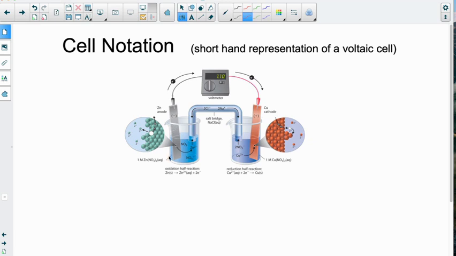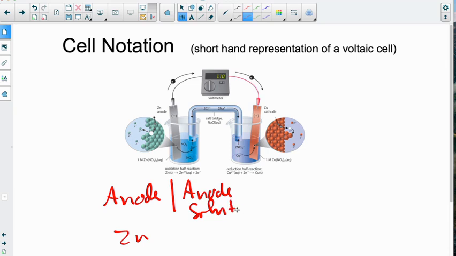We can write what's called a shorthand notation, or a cell notation, for a voltaic cell. And the cell notation, or the shorthand notation, follows this. You write the anode, in this case, which is zinc, a single line, and then we will write the anode electrolyte, or electrolyte being the solution here, which in my case is zinc sulfate.